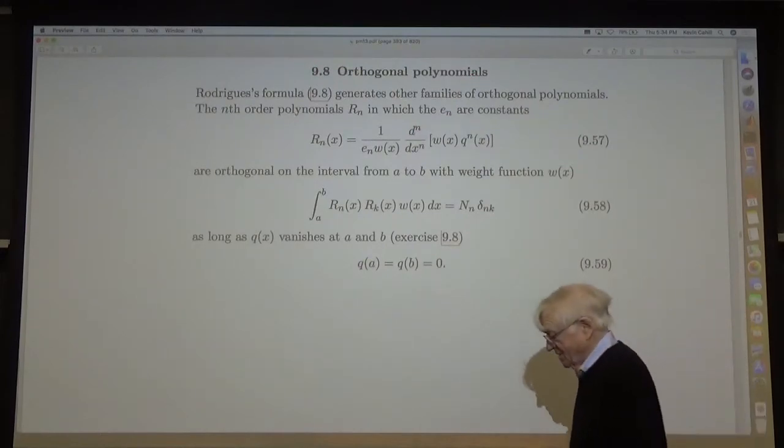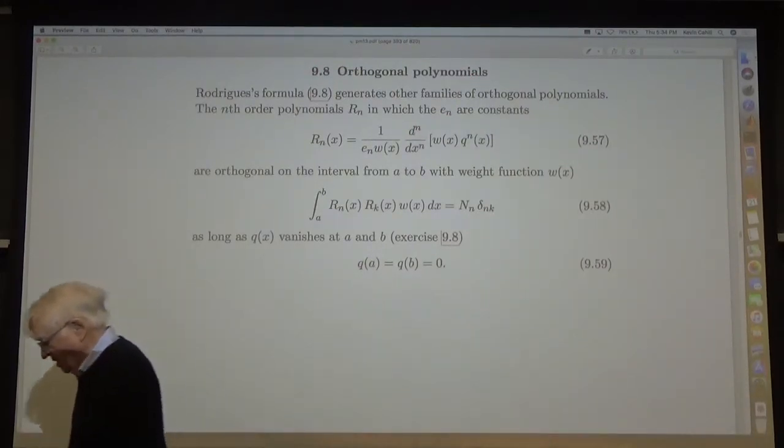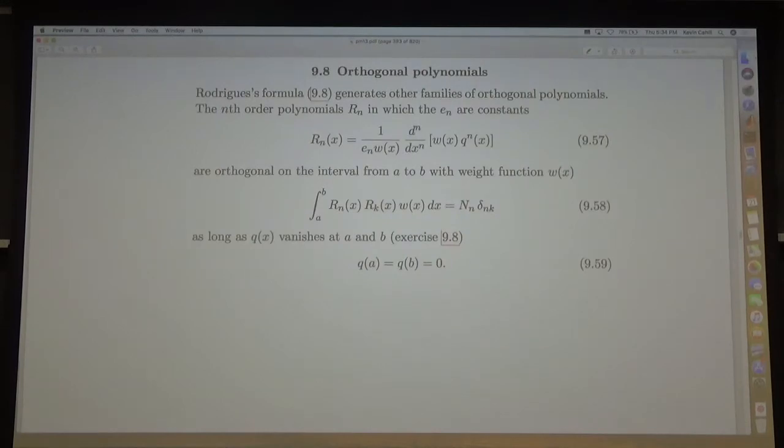mention again this very cute way that Rodriguez found for generating families of orthogonal polynomials. It's really quite remarkable. First, you pick any weight function you want, and then you pick a function q that vanishes at the endpoints of your interval. And I guess if w is going to be a weight function, then you want it to be positive on the interval.